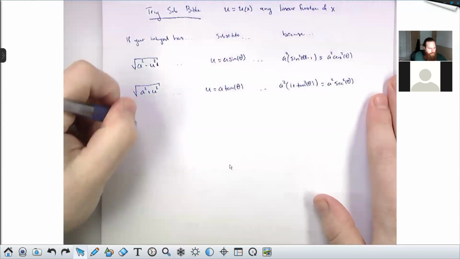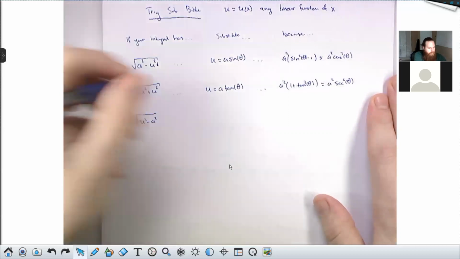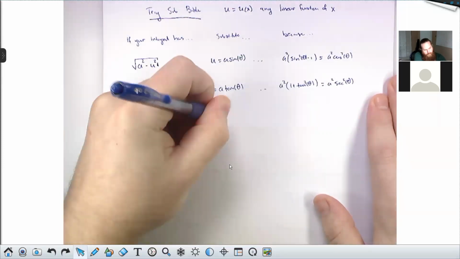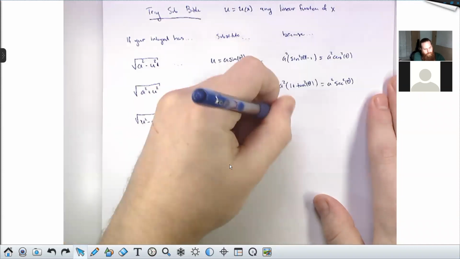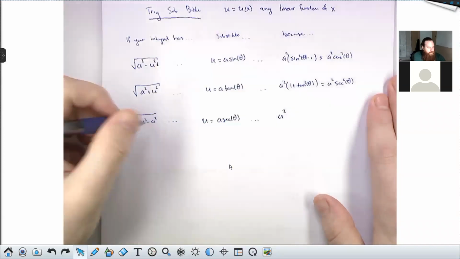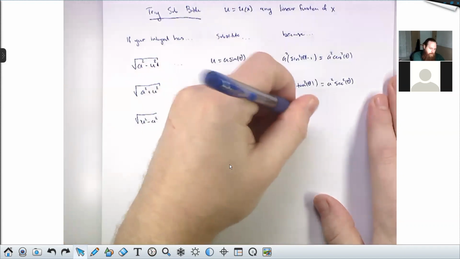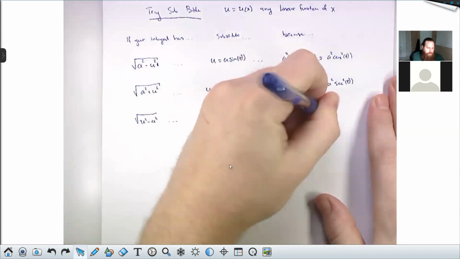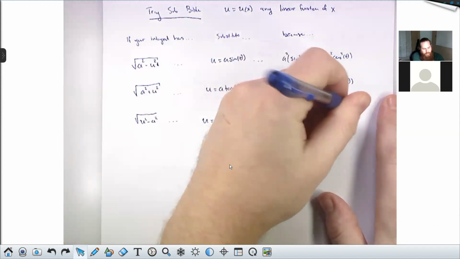And if your integral has a square root of u squared minus a squared, then you should substitute u equals a secant theta, because then the thing under your square root would be a squared times secant squared minus 1, which is just a squared tan squared theta.